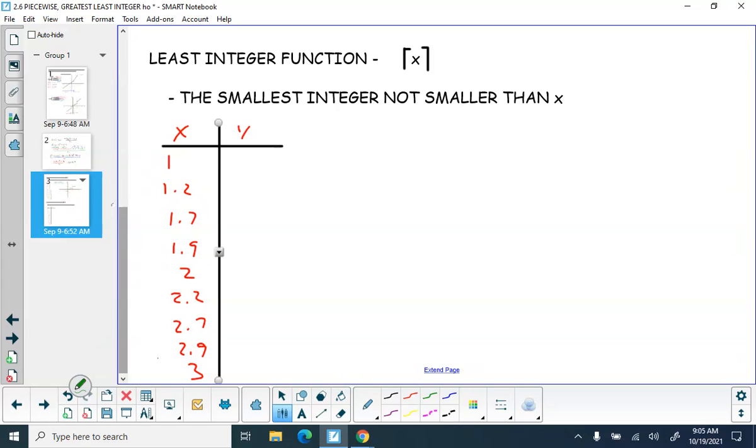Once again, I have to say this in my brain all the time. What is the smallest integer not smaller than 1? Because 1's not smaller than 1.